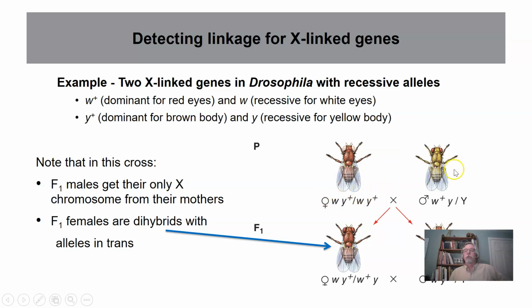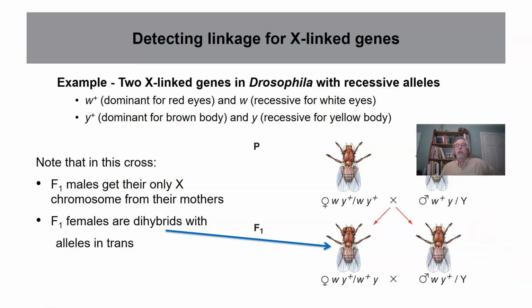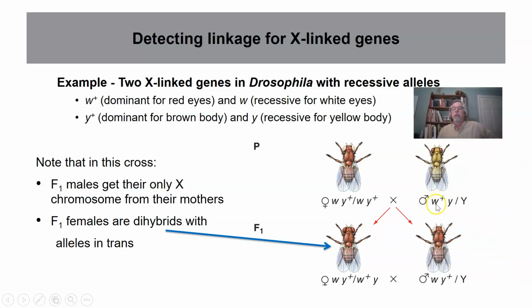We're going to cross her to a pure breeding male, and the male, well, he's not homozygous. It's called hemizygous, and he's got a wild-type allele for eye color, red eyes, and a mutant allele for body color, yellow body. When you cross them, you'll get both male and female offspring. This one on the left, the female, is what we're most interested in.